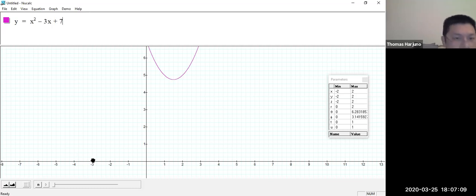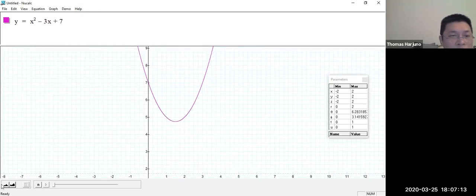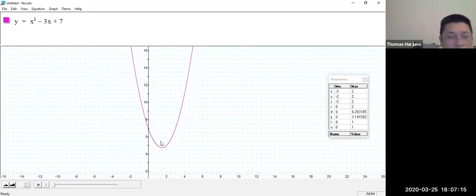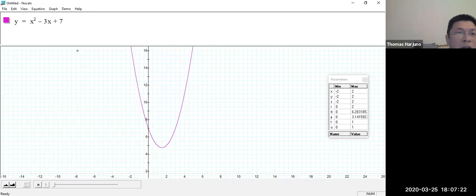It does not have an x-intercept, but that's not the issue here. We do see one turning point. The turning point is actually here. This is the turning point, right? You see the degree is 2. The degree of 2 has at most 1 turning point.